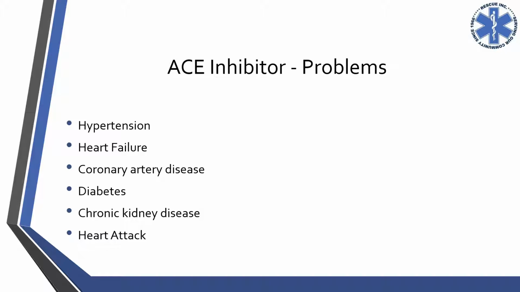Diabetes, it's used mostly for the peripheral vasculature at the fingers, toes, because they have that diabetic neuropathy. So it's to open the vascular space up a little bit and promote blood flow. Chronic kidney disease, again, to open things up, promote blood flow. And then also in heart attack, to keep that blood pressure within a certain range, bring it down a little bit.